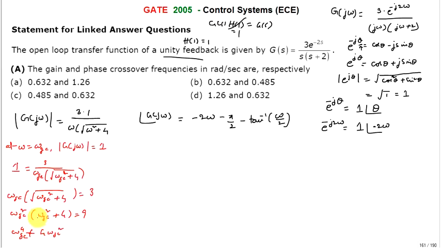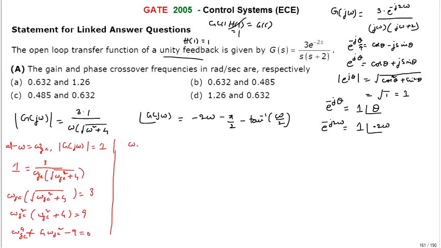This is omega gc square into omega gc square, it is omega gc to the power of 4 plus 4 into omega gc square minus 9 is equal to 0. Use the solution for the algebraic equation ax square plus bx plus c.